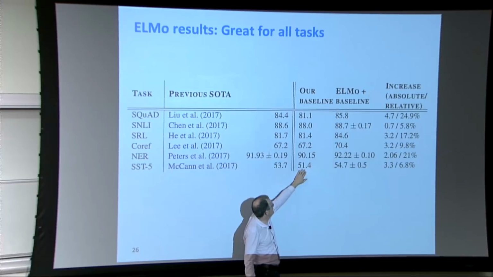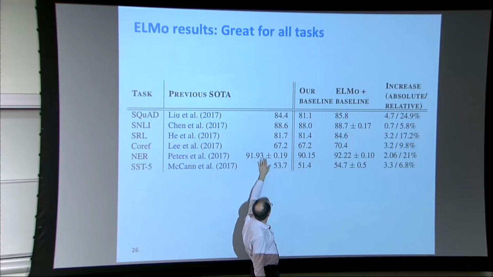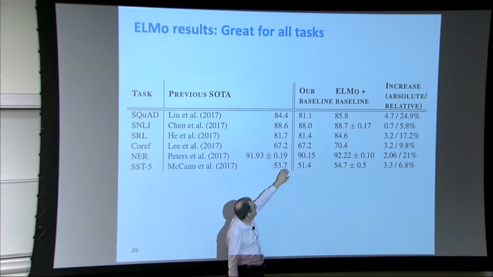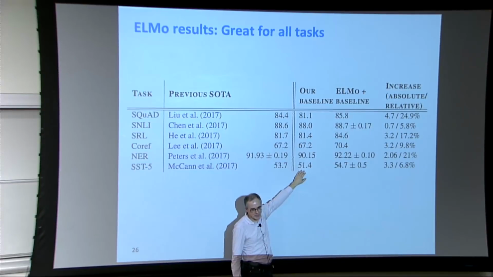They produce their own baseline, which is commonly similar to the previous state-of-the-art, but usually actually a bit worse than the current state-of-the-art, because it's whatever simpler, cleaner system that they came up with.